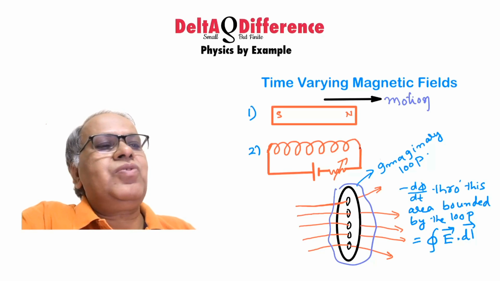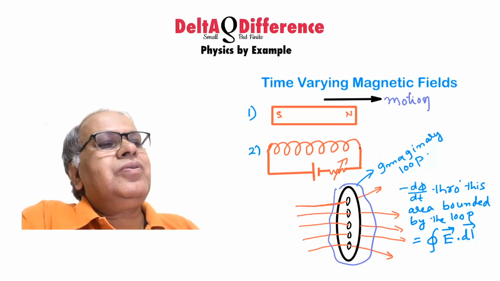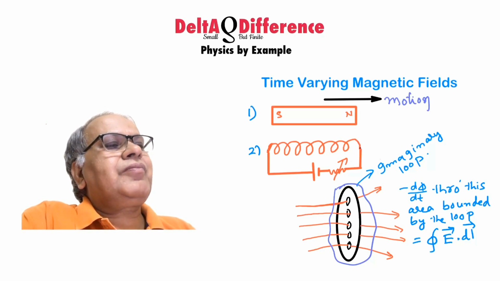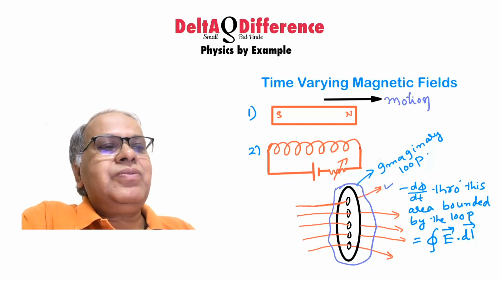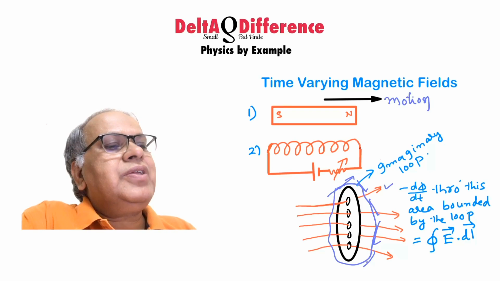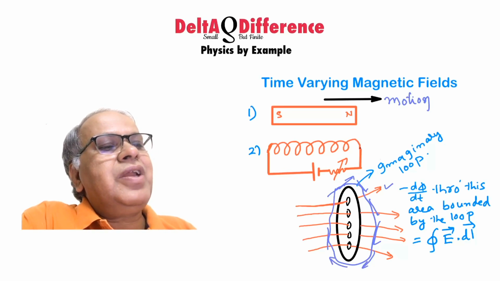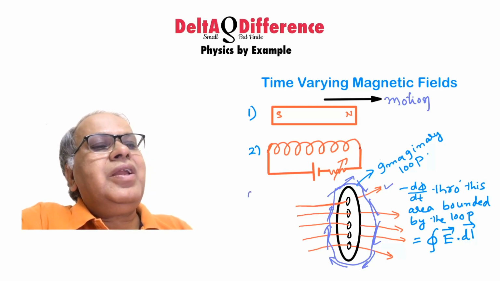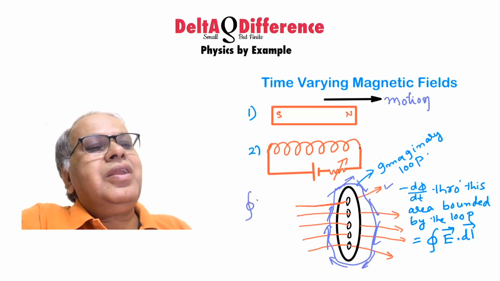It's only an imaginary loop. So what Faraday says is, because of this time varying magnetic field, there is an electric field in this loop, and that electric field you circulate over an imaginary loop. That means the field is there everywhere. We write the integral of E dot dl of this.